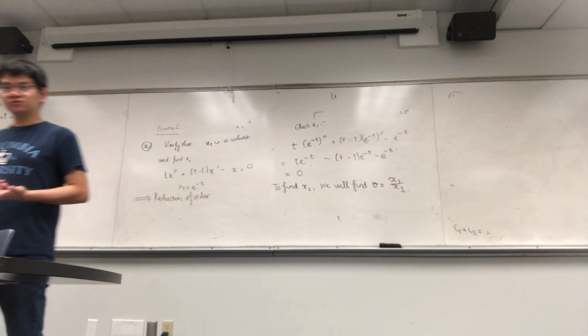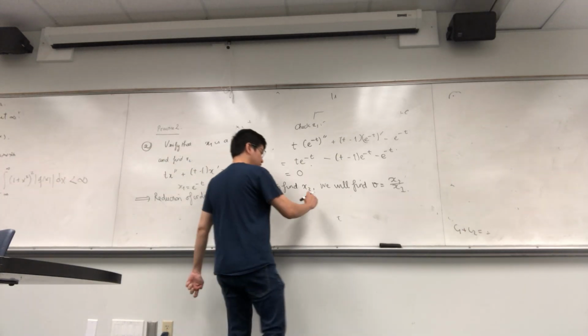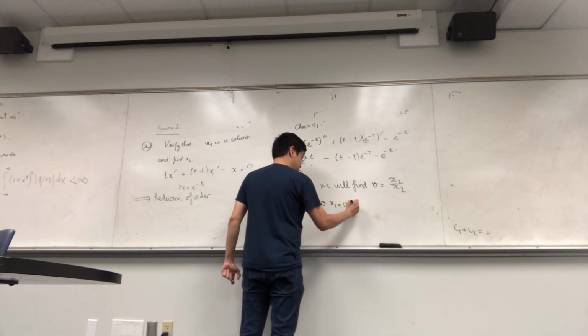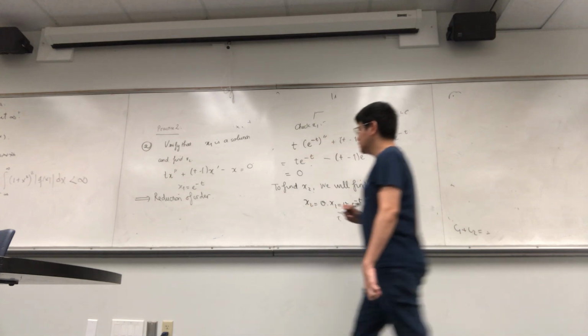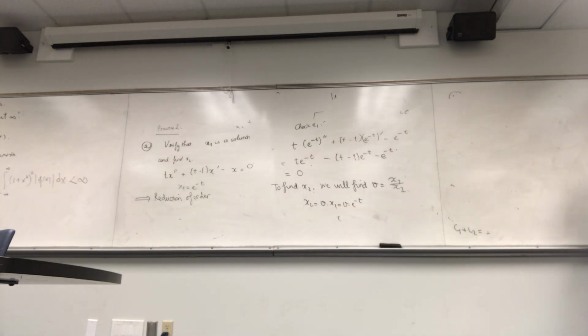So to find x2, what we do is that we find v, which is equal to x2 over x1, instead of finding x2, right? So in this case, x2 will be v times x1, and this is v times e to the power minus t. All right? So what should I do now?